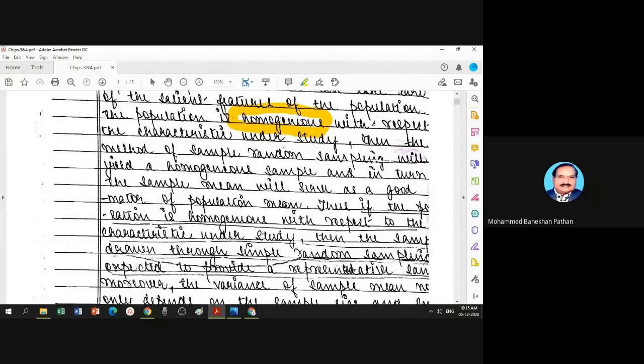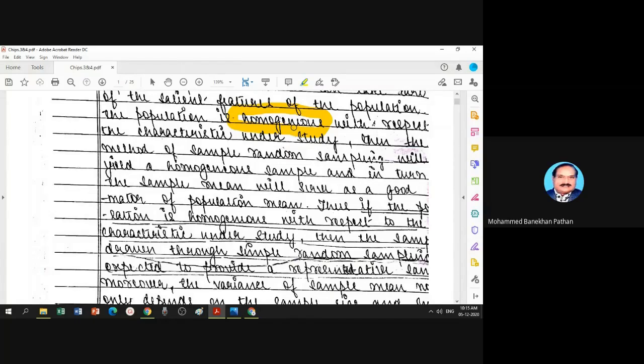That means SRS, simple random sampling, performs better under one condition: the population under study should be homogeneous.